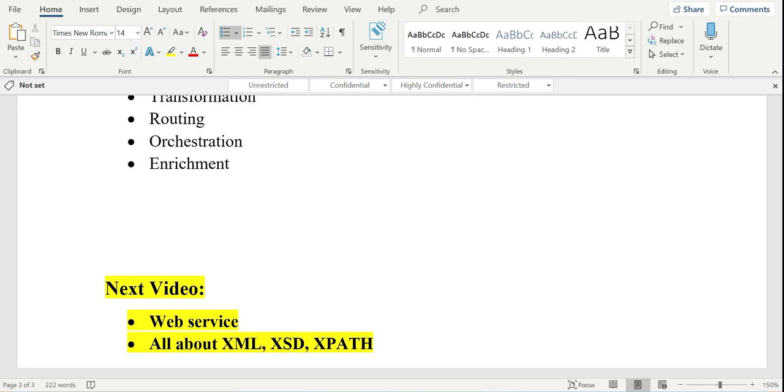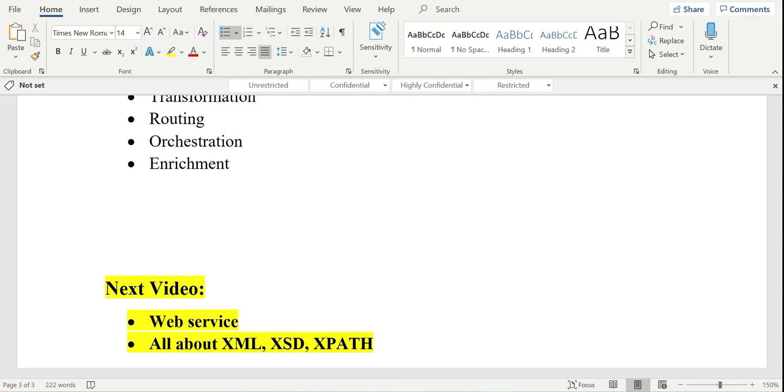So XML is a very important concept for you to learn. Along with XML, XSD the schema, XPaths, and XSLTs are all related things that you should know.